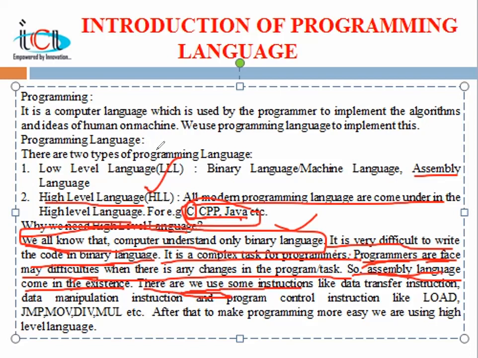We use instructions like data transfer instructions, data manipulation instructions, and program control instructions, such as load, jump, move, division, multiply, etc. After that, to make programming easier, we use high level language.